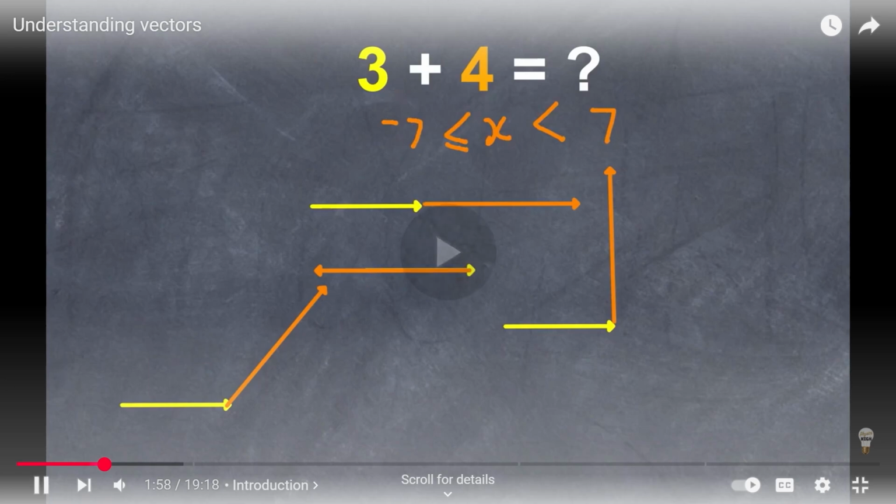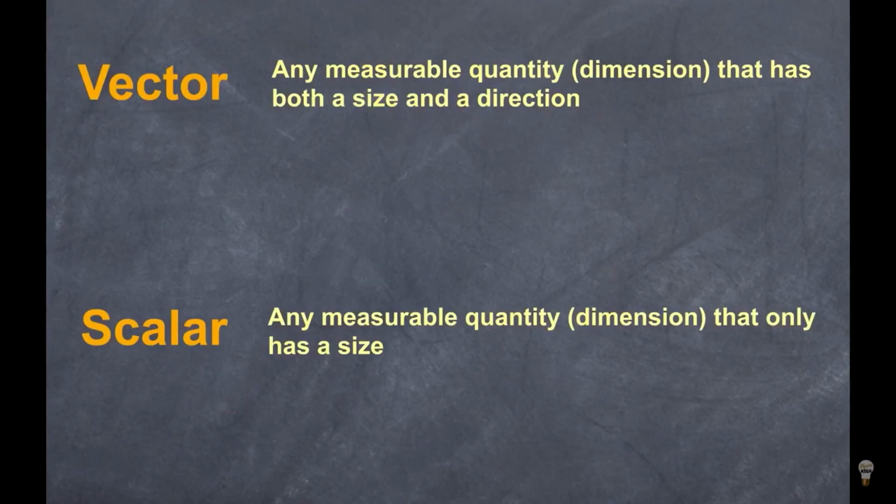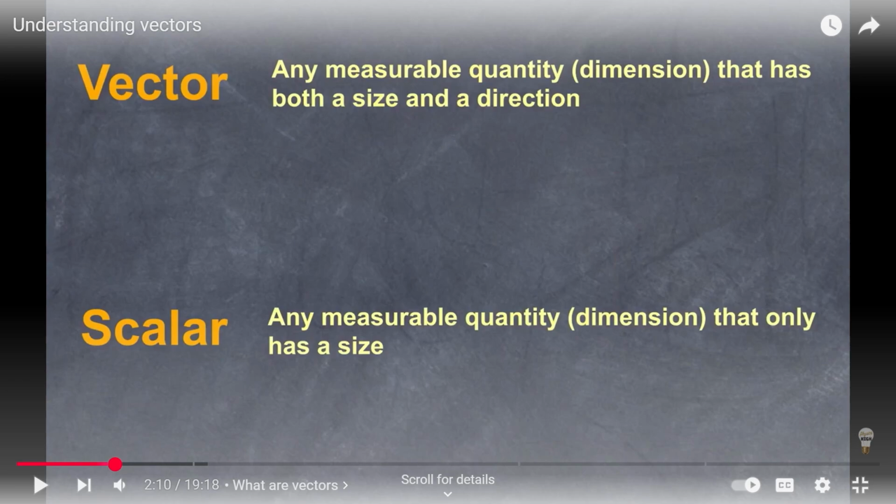Let's go. So what I'm introducing here is the concept of vectors. What are vectors? Vectors are any measurable quantity or dimension that has both a size and direction. So this has to do with direction and size.